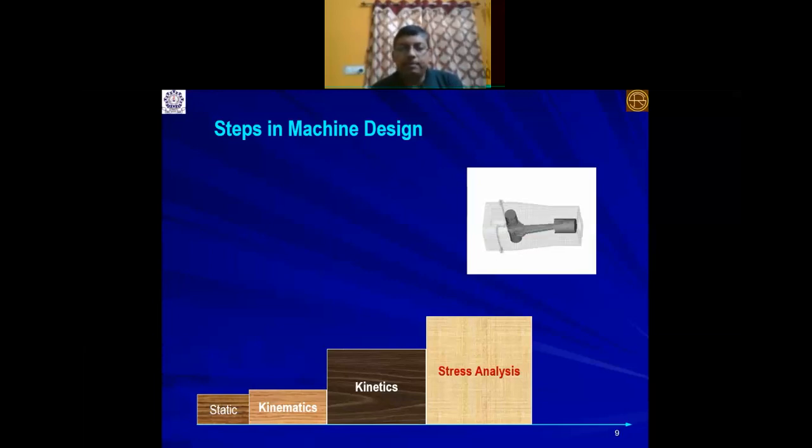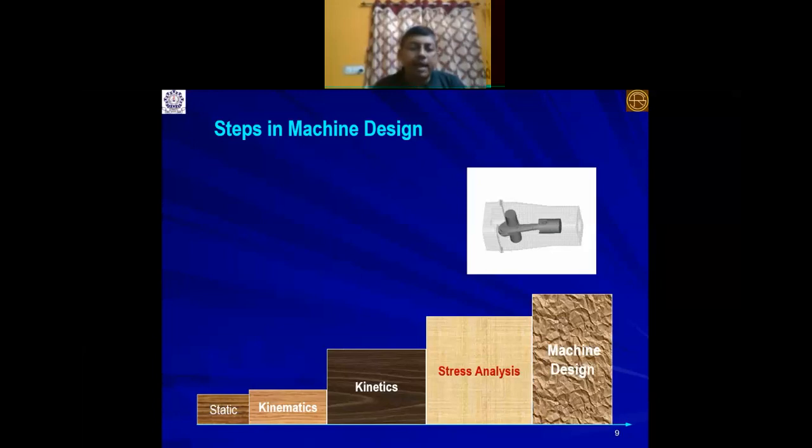This is the next step for machine design, and ultimately you can give birth to a particular shape and size of your individual element of your product or of your mechanism. Ultimately in machine design you have to give birth to the shape and size of a component, but remember that size you can find out from your stress analysis, but shape you have to assume.